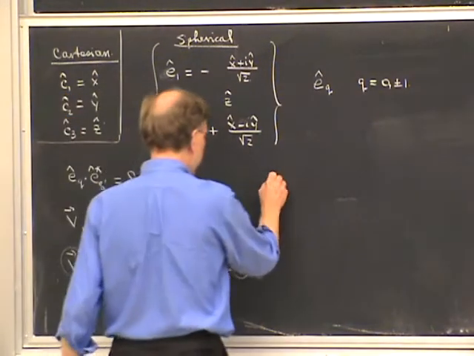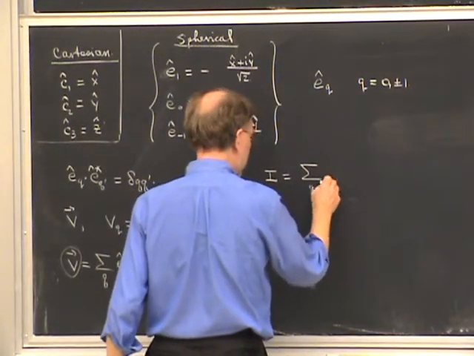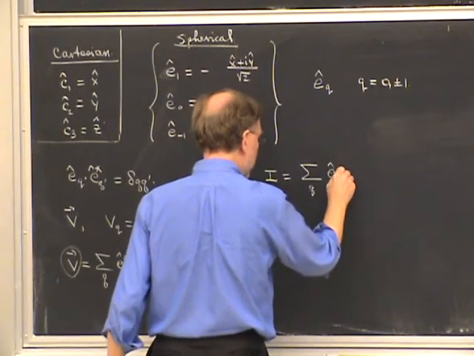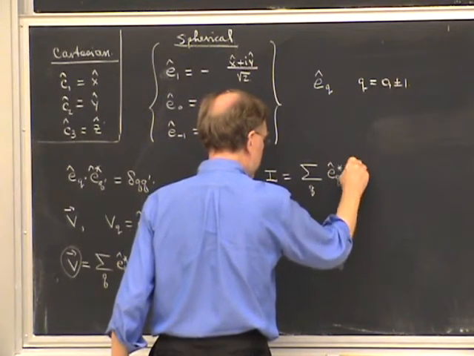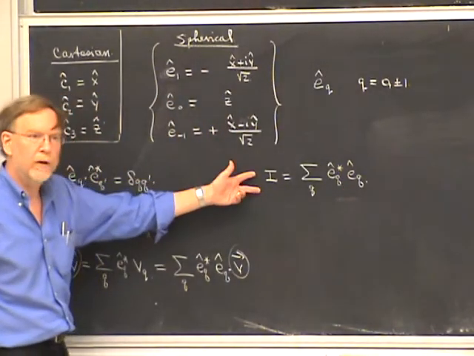And you end up with actually a resolution of the identity. It looks like this. Identity is the sum on q of E hat q star times E hat q.